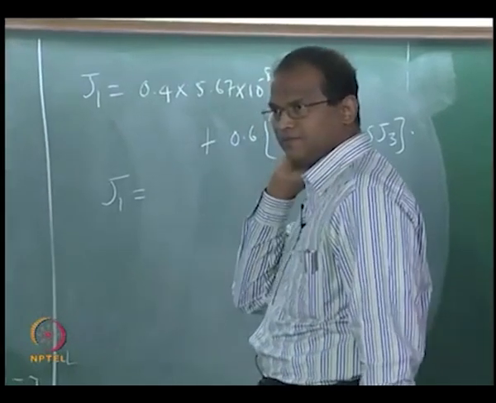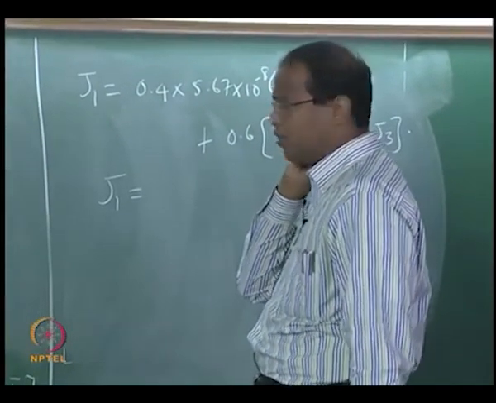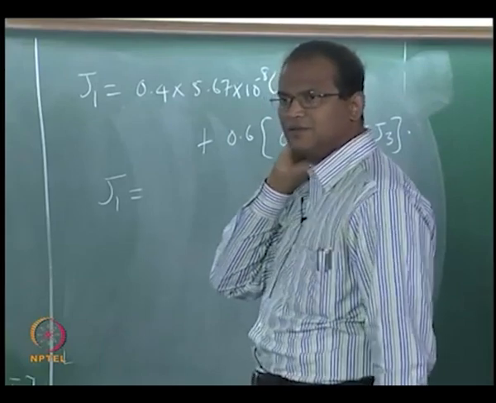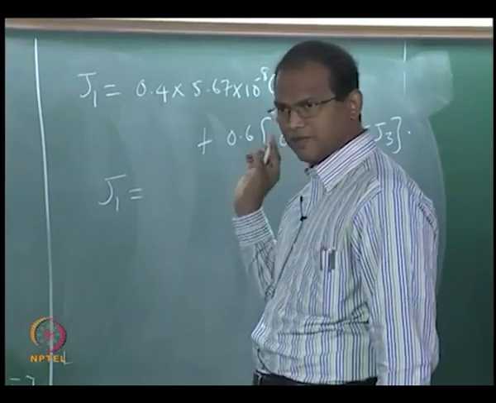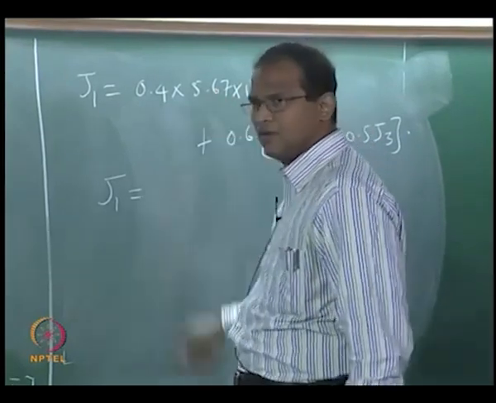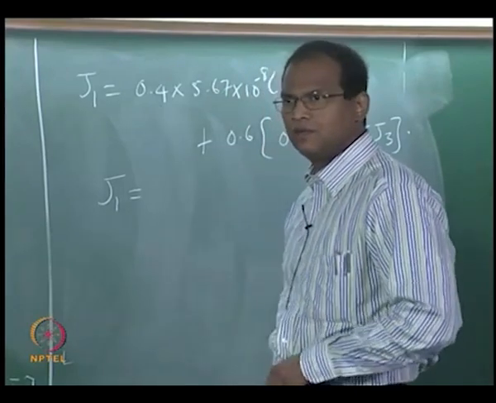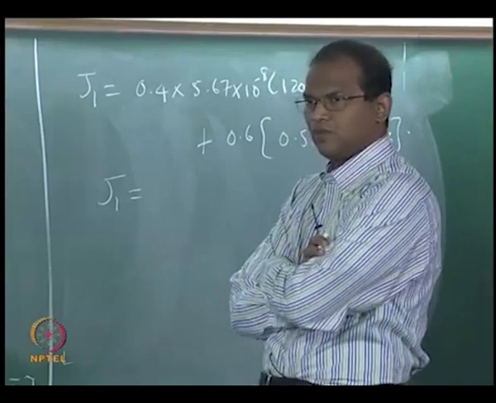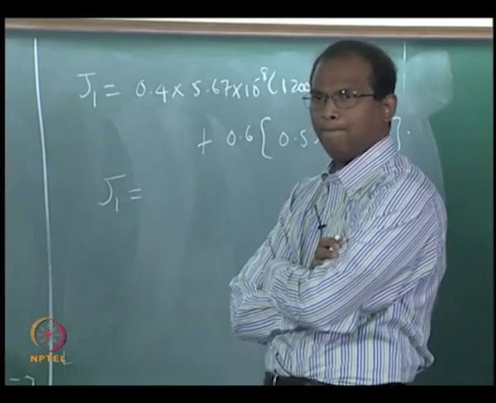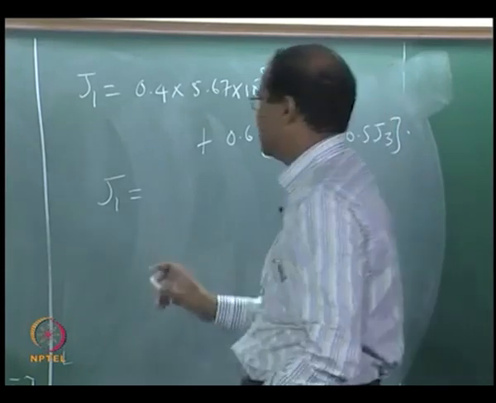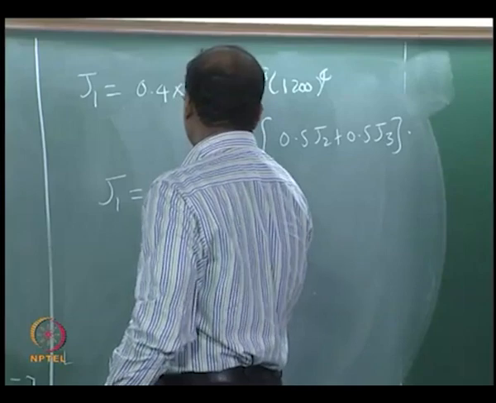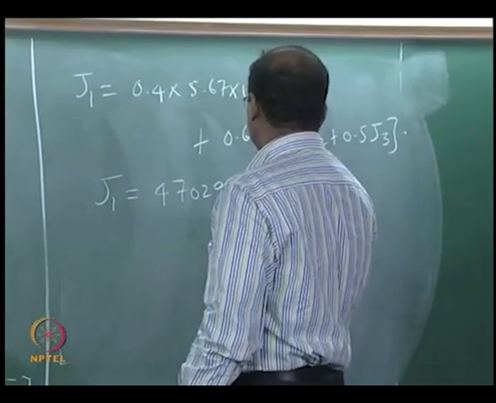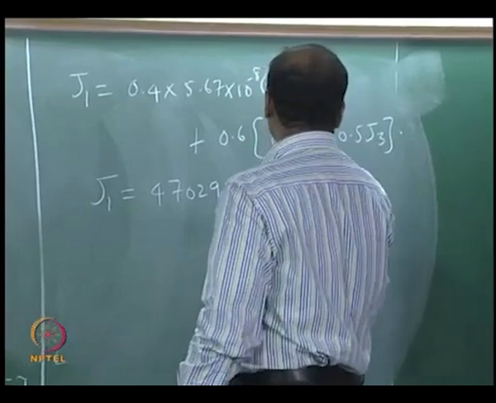First term: 0.4 into 5.67 into 1200 to the power of 4. How much is it? Vikram, can you tell me? First one, first term. 47,029. Okay.